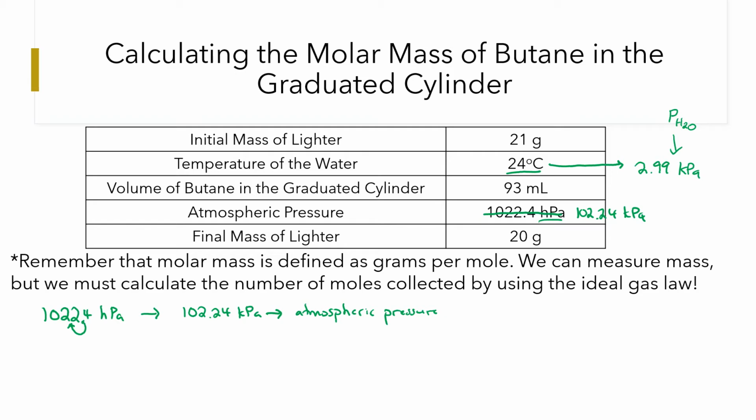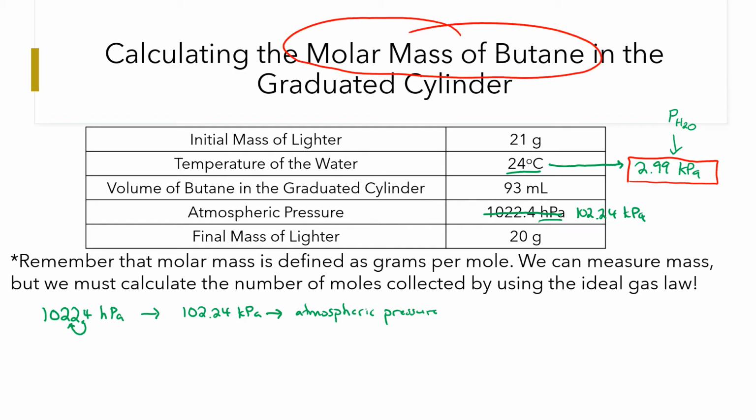I got this value from a reference table. Okay? So now I can solve for the pressure of butane. That's what I want to use in order to calculate the number of moles of butane. So again, I want to remind y'all that our goal is to calculate the molar mass of butane. Okay? So let's do it.